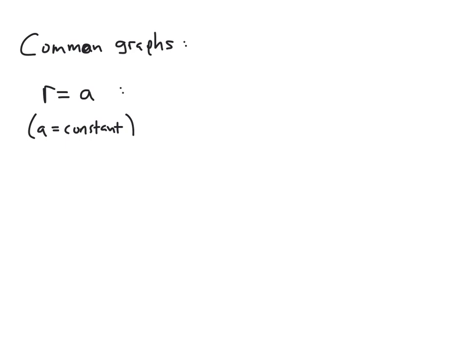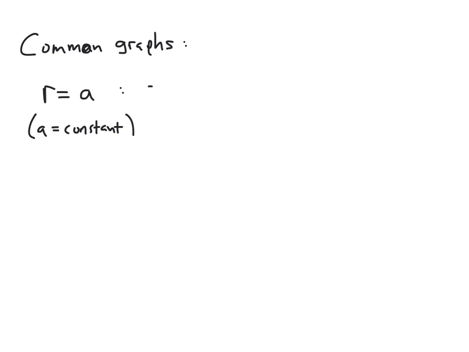So if we think in polar coordinates, what does r equals a mean? Well, r is the distance from the origin. That was how the r coordinate was described. And so saying r is equal to a fixed number is saying I want all the points that are a fixed distance from the origin. And in geometry, we call that kind of a figure a circle.